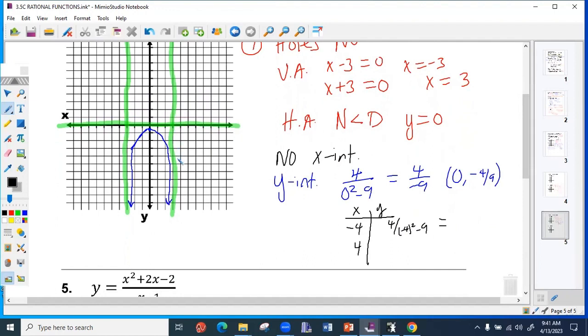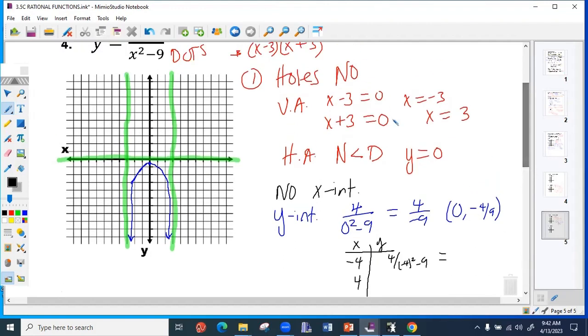Your error can be a hole or an asymptote. Any type of discontinuity is going to create an error. You have to be able to calculate. So did we have a hole here?